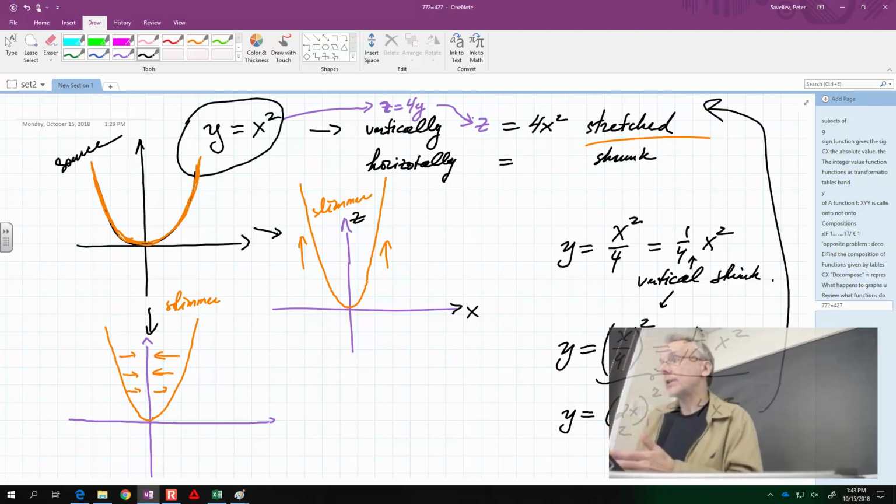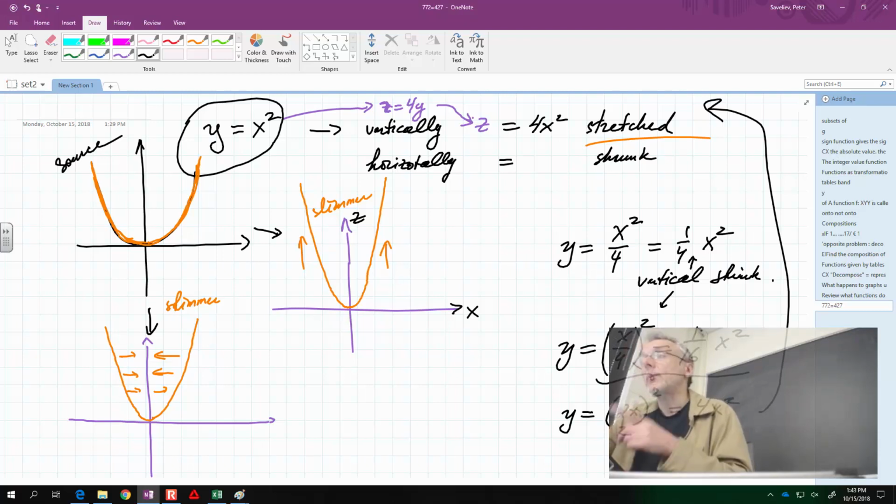So the vertical one, I hope the first line was somewhat transparent, because we carry out the function first, and then we stretch or shrink the y-axis, and the formula is we just do to y whatever we want to happen to the graph.